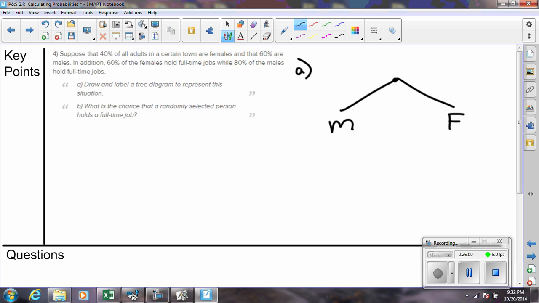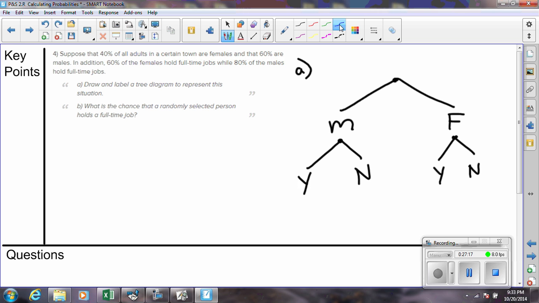The next part that we would look at is, do they have a job or not? And I'm actually going to switch this up so that instead of J or N, I'm going to have Y or N. Do they have a job? Yes or no. For women, do they have a job? Yes or no. Well, here's our tree diagram.